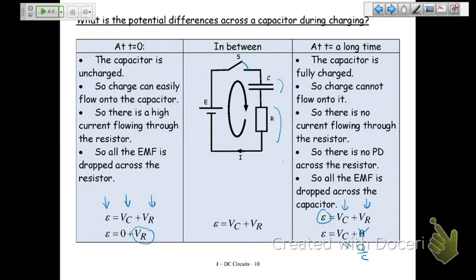In between, I have a bit of current flow, so I have some voltage drop across the resistor, and I have a bit of charge on the capacitor. So I have some voltage drop across the capacitor. And that's the interesting bit.